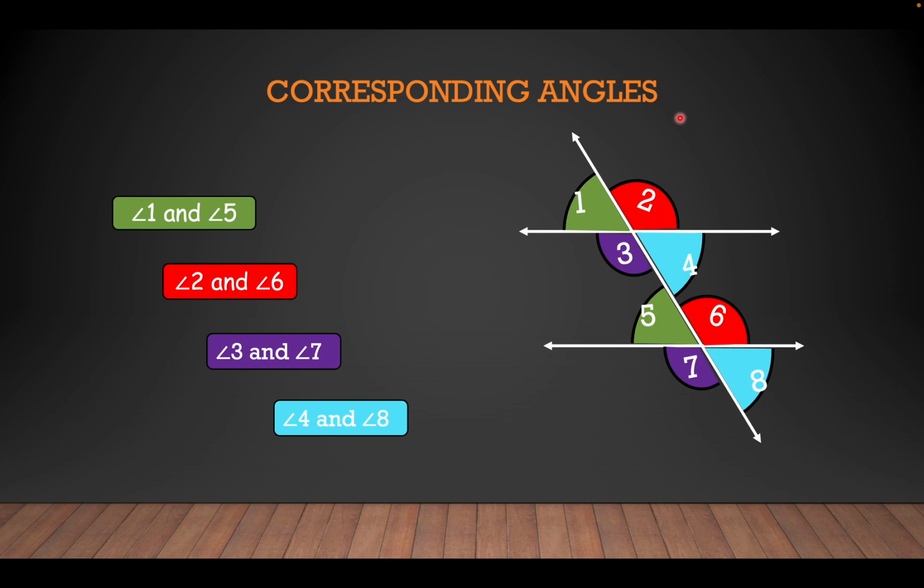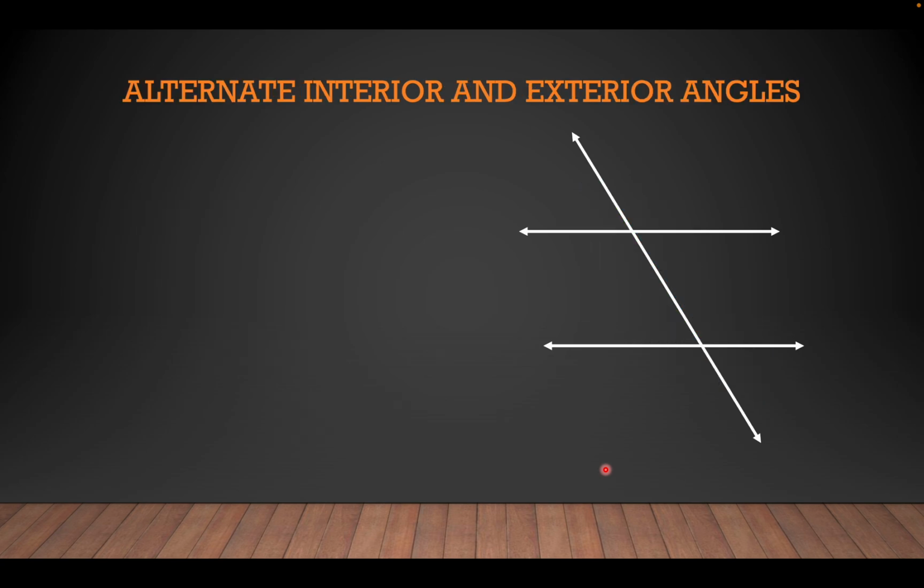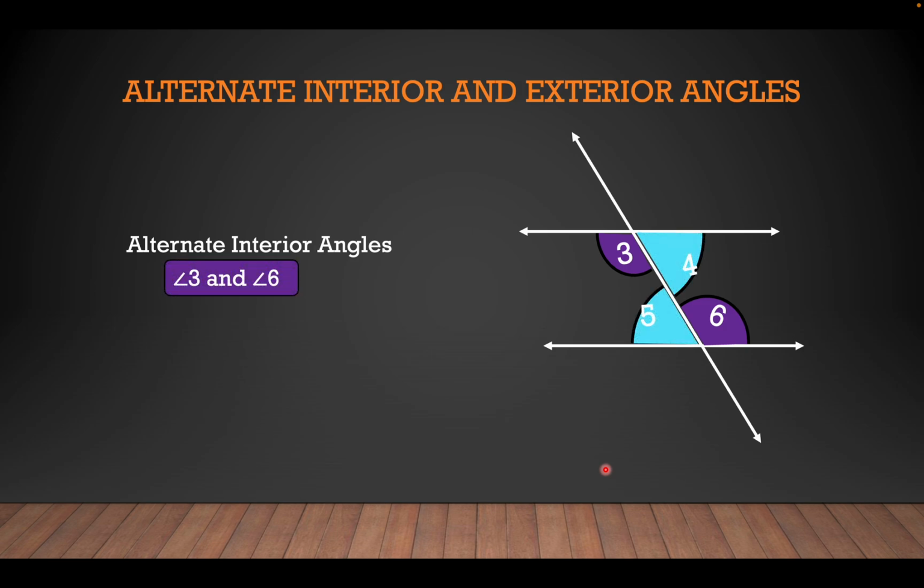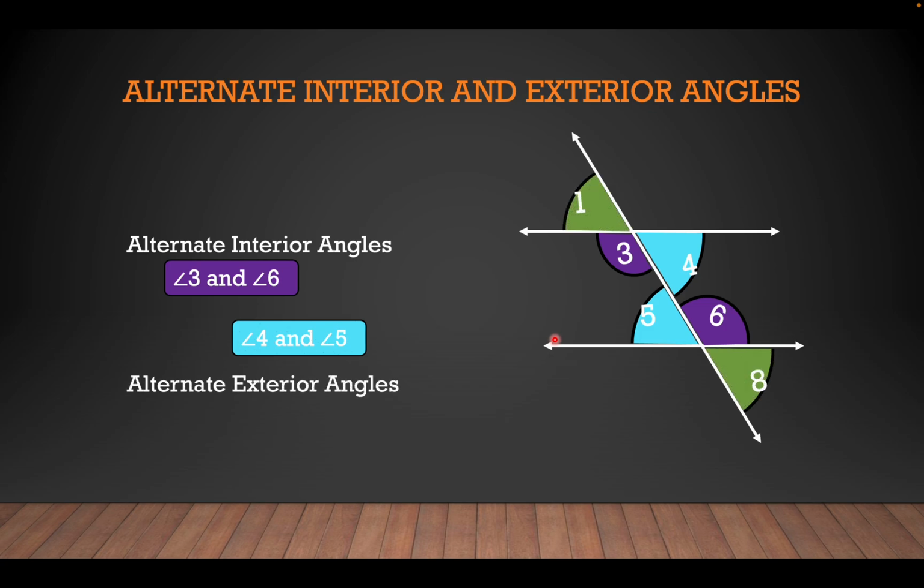So even when the two lines change to horizontal, we can still connect our corresponding angles. Same with our alternate interior and exterior angles. So 3 and 6, 4 and 5, those are our alternate interior. And our alternate exterior angles would be on the outside of the two lines and opposite sides of that transversal.